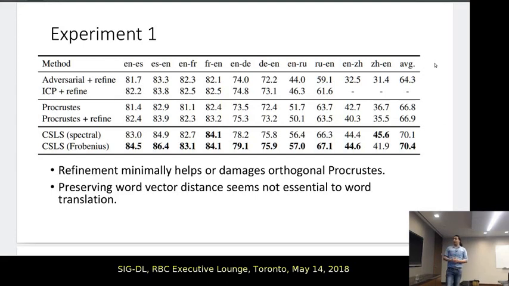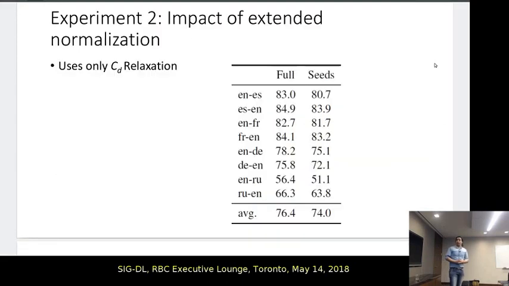And preserving word vector distances seems not essential to word translation, contradicting the common belief. So this is the second experiment. Remember we talked about previously, in the previous methods, you had to use your label words, your lexicon, as your nearest neighbors.